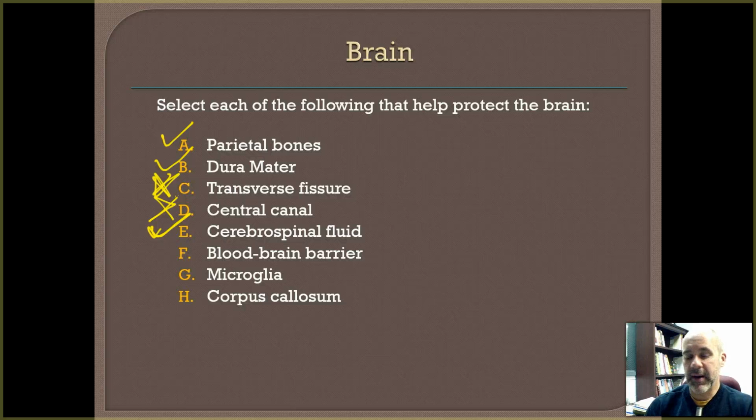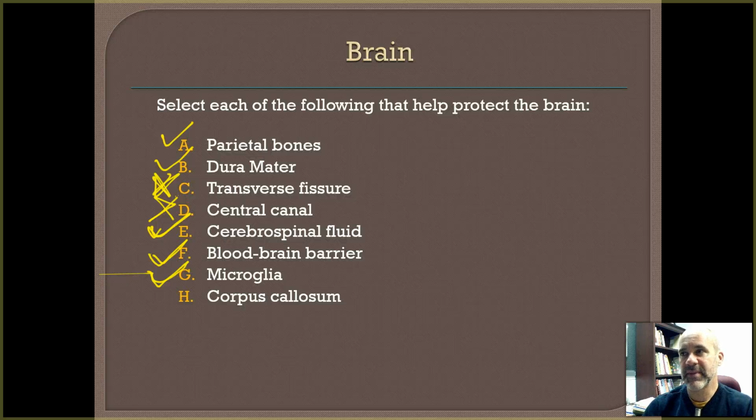The blood-brain barrier, yes, remember that is the capillaries passing through the nervous tissue in the central nervous system that are not as leaky. They don't let things pass out of the capillaries and into the surrounding interstitial fluids as easily as in other parts of the body. That's called the blood-brain barrier. Microglia, we've already talked about how those cells help gobble up things that are not supposed to be in our central nervous system tissues.